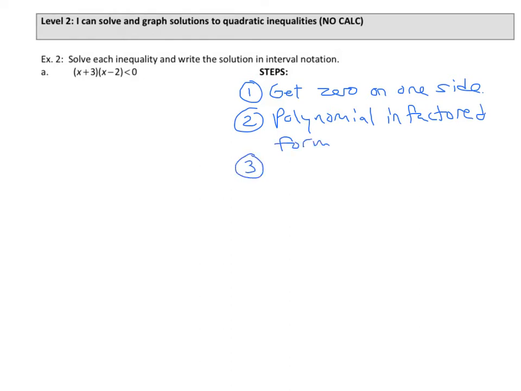The third step is going to be to find the zeros of the polynomials. The fourth step is going to be to place the zeros on a number line.